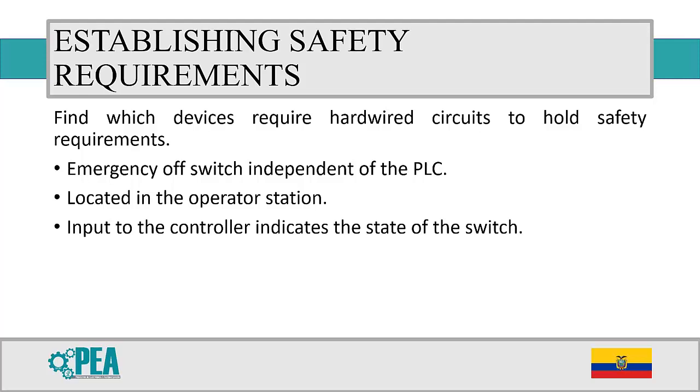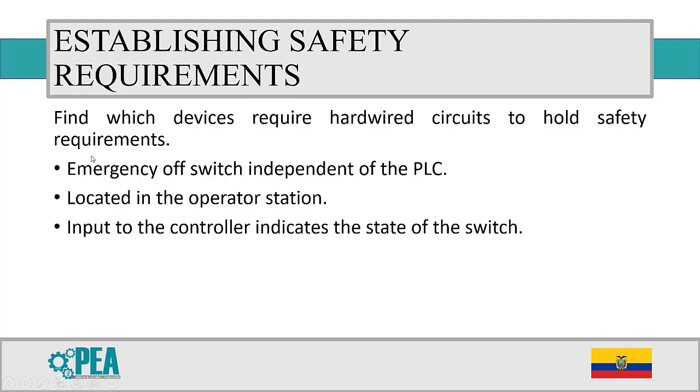Now, when we talk about establishing safety requirements, the safety requirements are focused on what happens if the PLC stops working for any reason. You will have to be able to turn off the motors to avoid accidents or malfunction of the equipment, bypassing the PLC.